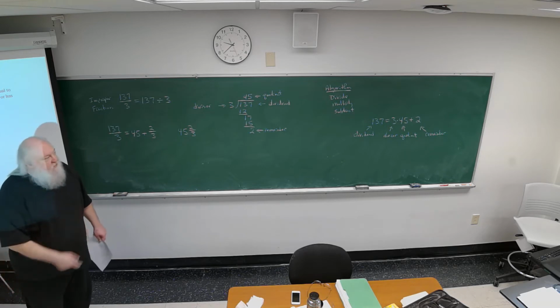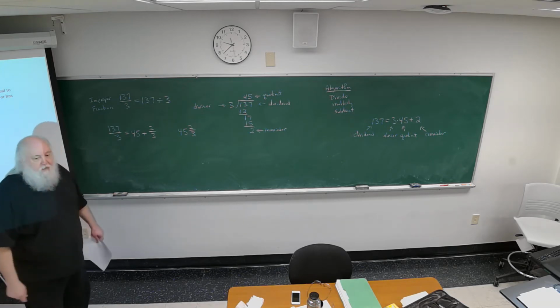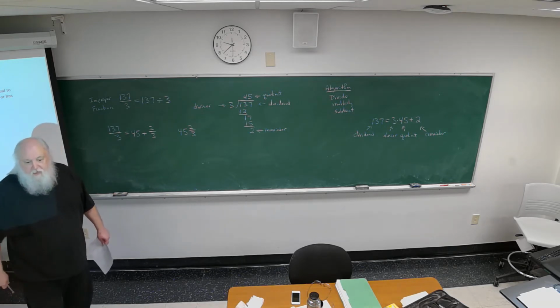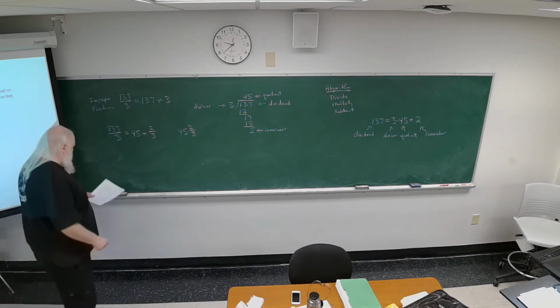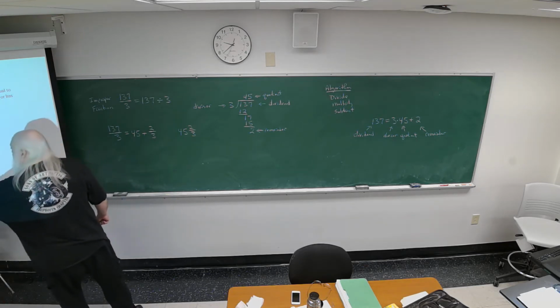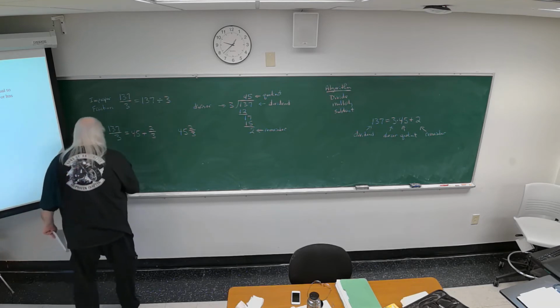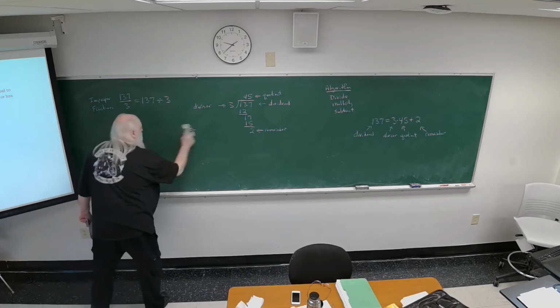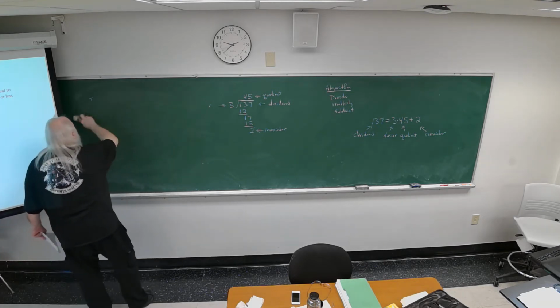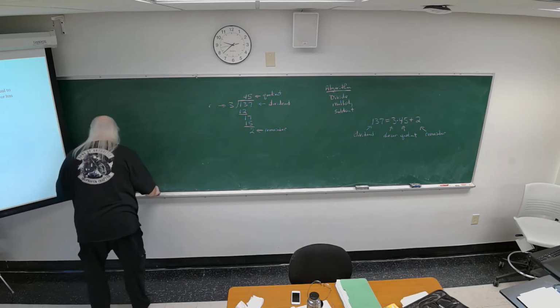Well, just as we can divide two whole numbers, we can divide two polynomial functions. And so we'll demonstrate that with example 1. We'll start with A, the first one.